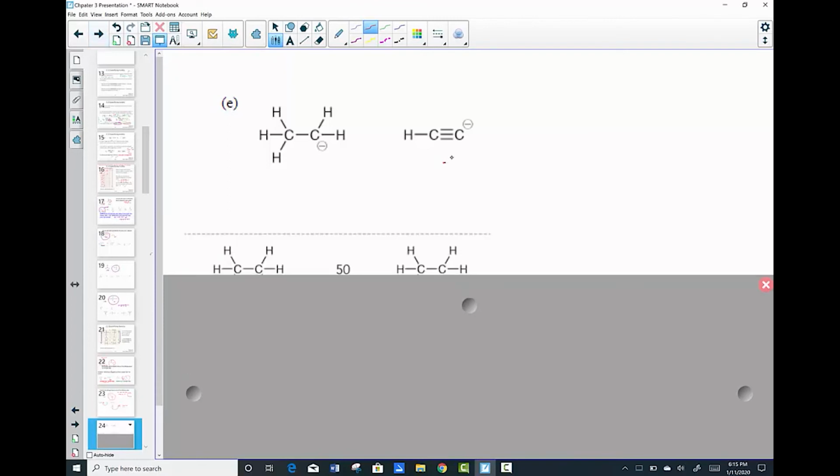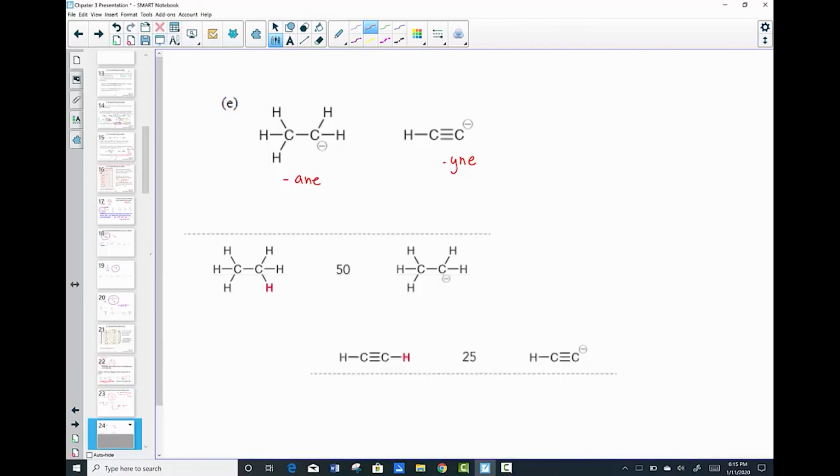Again, this is the YNE, and this is an ANE, the alkane and alkyne terminal hydrogens. And when you look on your pKa chart, the very bottom of the bottom there is the alkane, the conjugate acid here. The alkane has a pKa of 50.